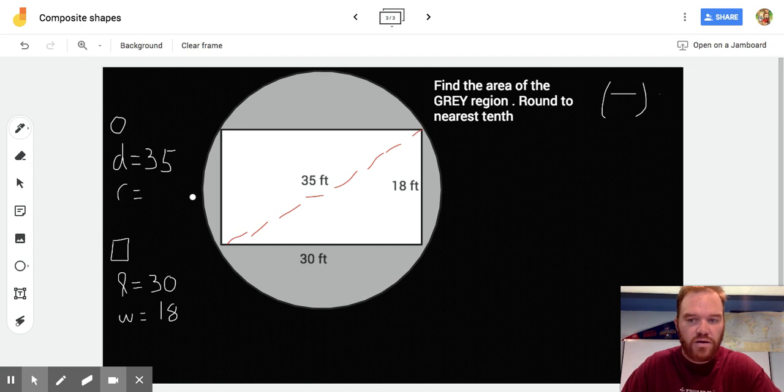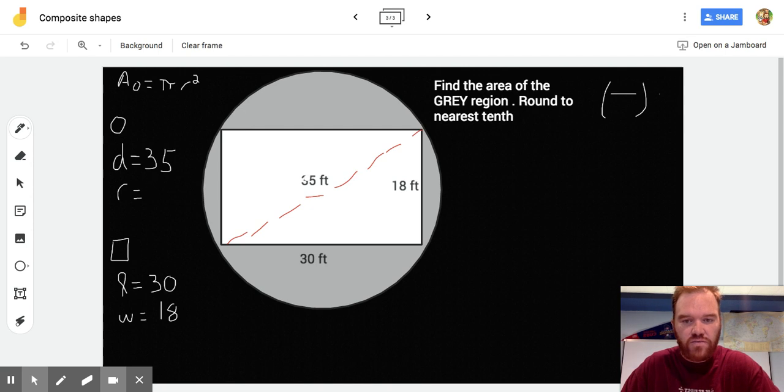Since we're finding the area of the circle, and we know that the area of the circle is pi r squared, I need to find my radius.